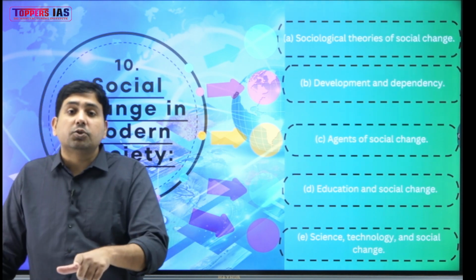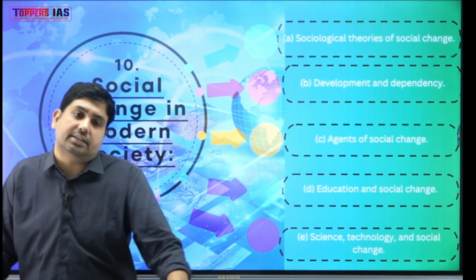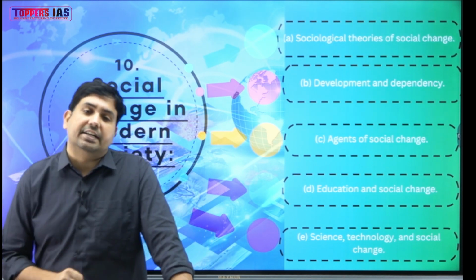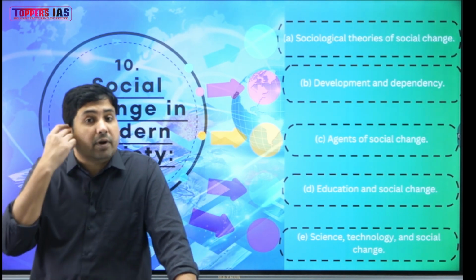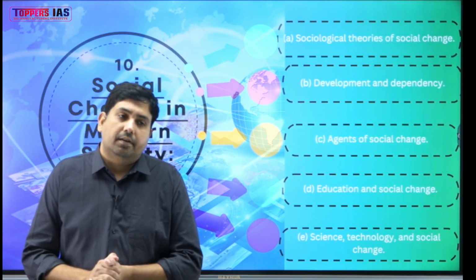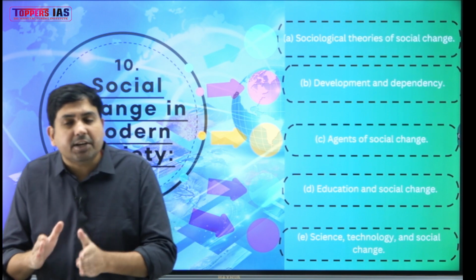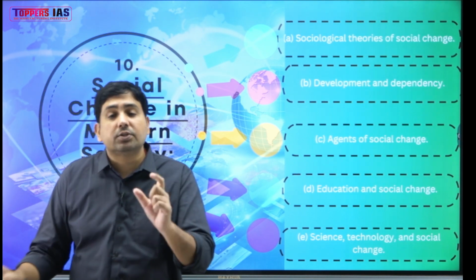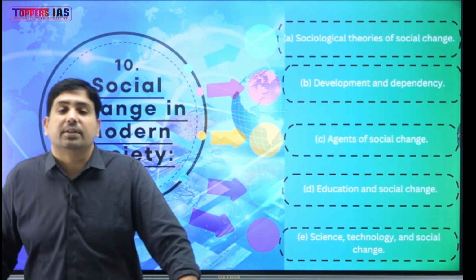Also, it provides you with methodological awareness, knowledge of how sociological research is conducted. Also, it provides you with analytical skills. What analytical skills? The ability to break down complex social issues using what? Sociological concepts.